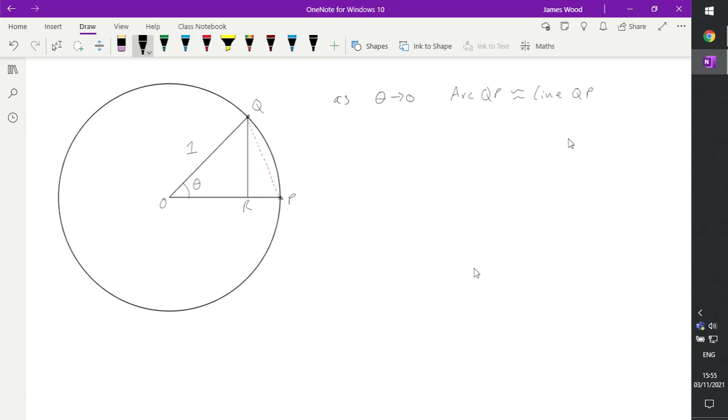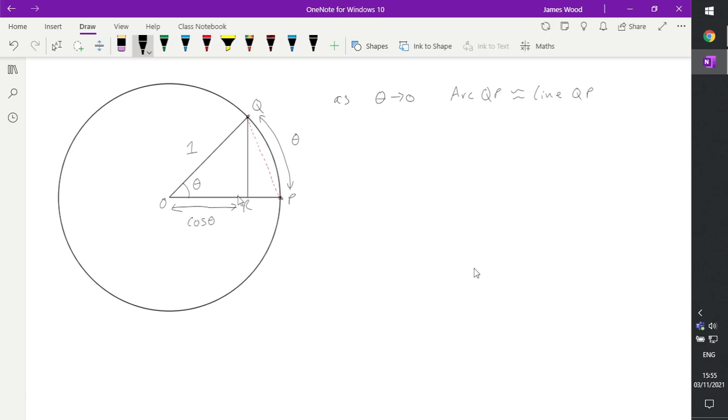Okay. Now we just need to come up with some expressions to describe the length of this arc and the line QP. Well, the length of this arc, we know that arc length is r theta. So in this case, it's going to be 1 times theta, so that's just theta. Now the straight line Q to P, we need a bit more information for that. Let's see what other lengths we can label. Well, O to R, that bit there, that would be 1 cos theta.